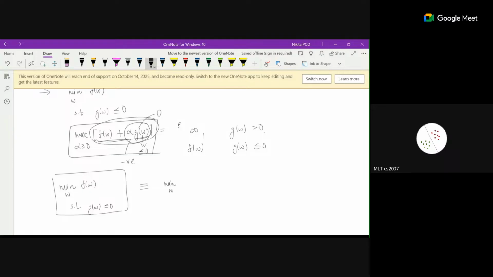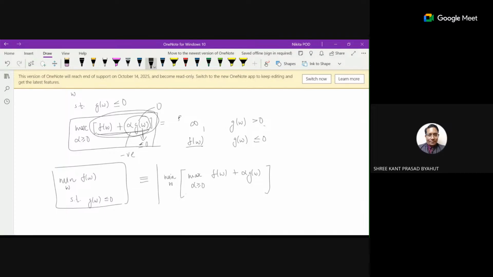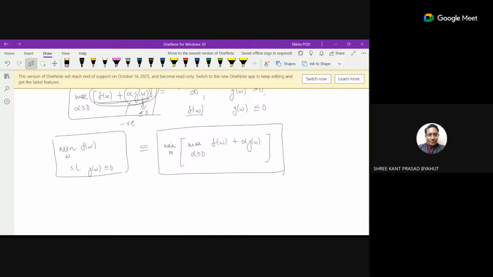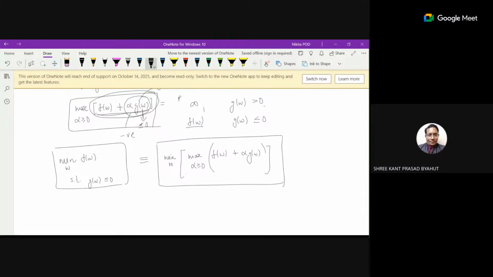minimization over W, and f of W we can write as the max over alpha greater than or equal to 0 of f of W plus alpha G of W. Here, in this equation, ma'am, the max is separate and the max over alpha greater than or equal to 0 is associated.